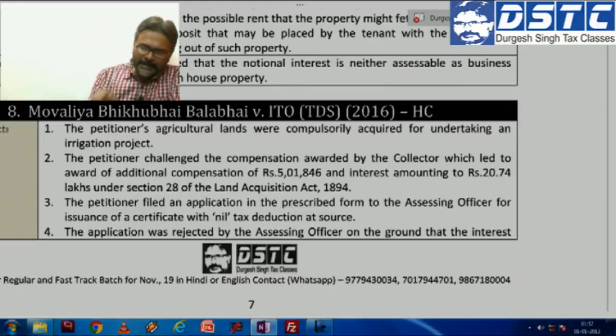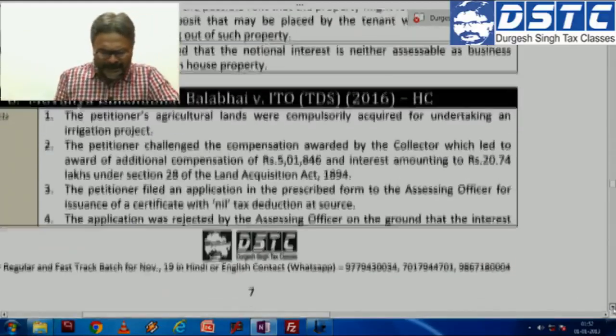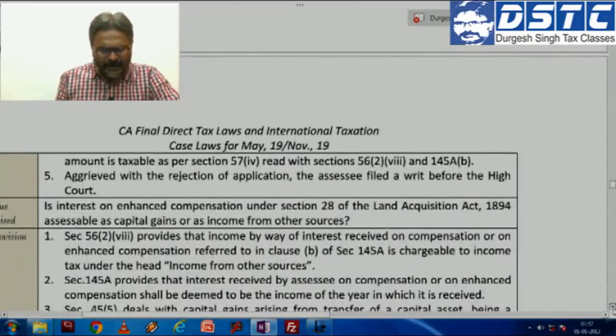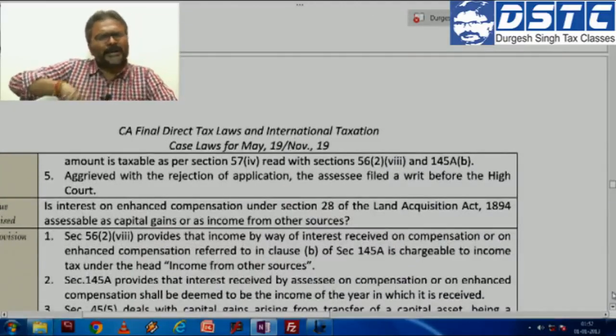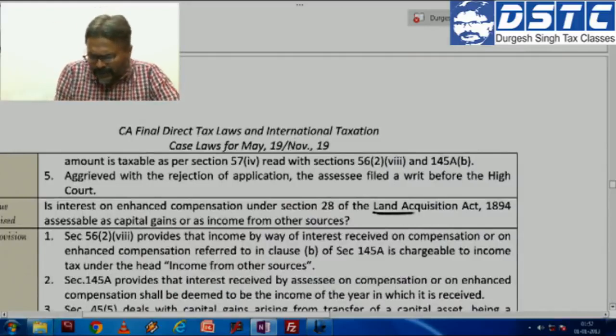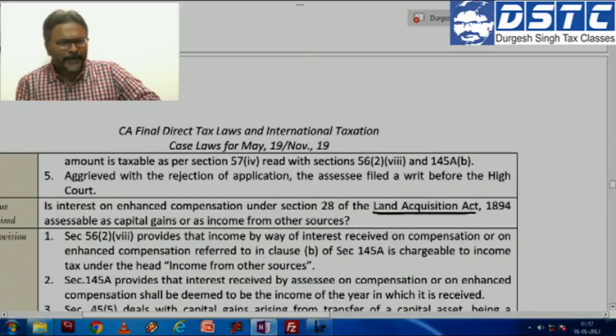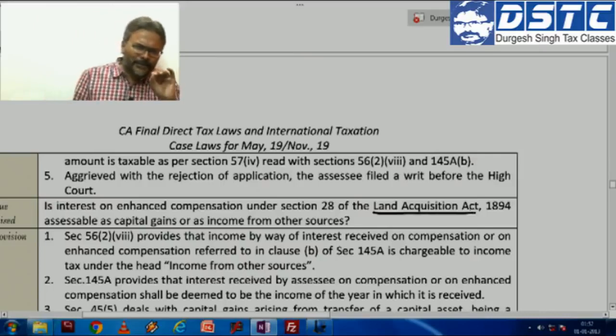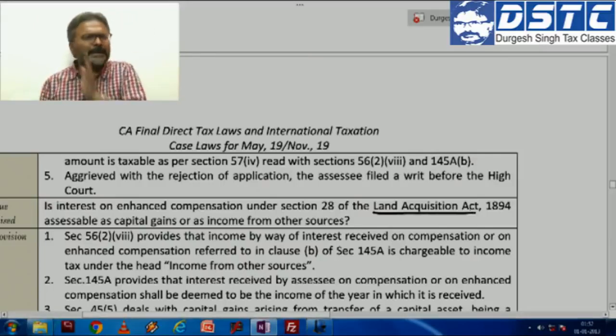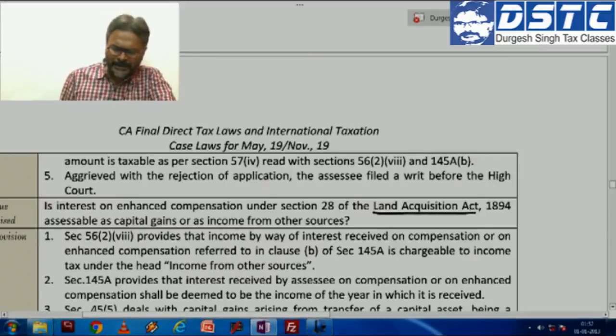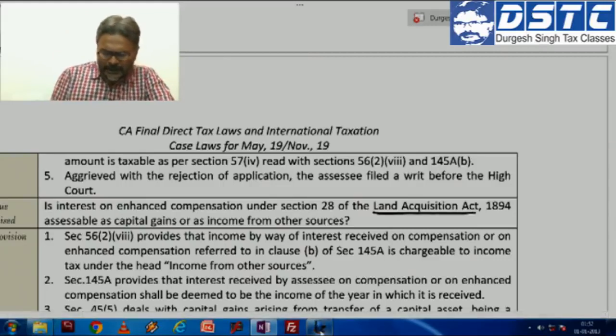Now students, why is this a very typical case law? Because here the understanding required is less of income tax law, and more of the Land Acquisition Act. Why do I say so?